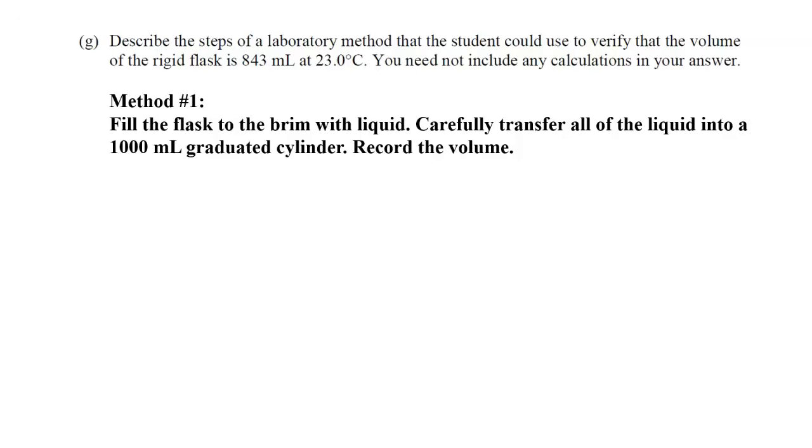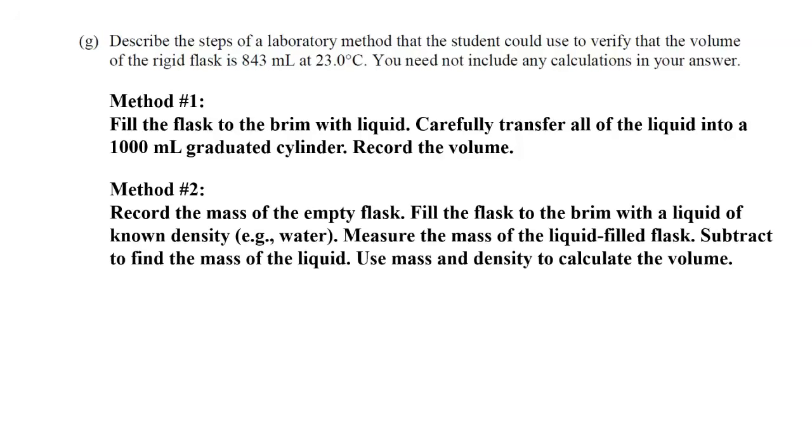Another method involves connecting mass to volume using density. So instead of actually transferring the liquid into a graduated cylinder, you could first record the mass of the empty flask with nothing in it, and then fill the flask to the brim with a liquid of known density, such as water, for example. Now that you have the mass of the liquid-filled flask, subtract to find the mass of the liquid.